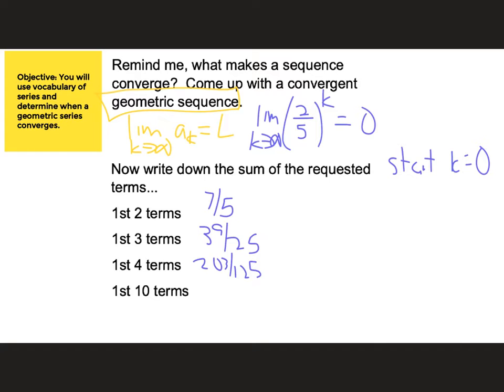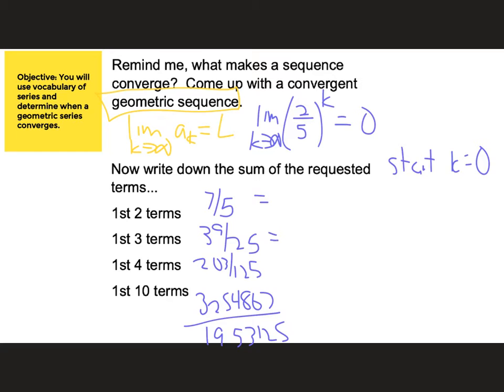And then if we want the first 10 terms, that's going to take me a little bit. Maybe it'll take you a little bit. I believe in you. You can figure that out. And I'm going to get this fraction, 3254867 over 1953125.